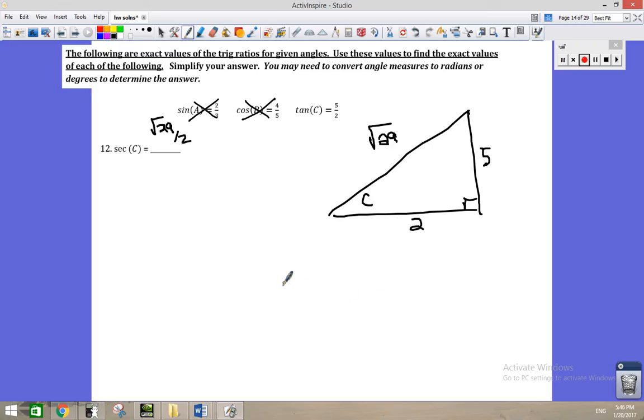The secant of angle C, the inverse of cosine, is by definition r over x, the hypotenuse divided by the adjacent side, so square root of 29 over 2. That's what the secant is. So I get the same answer.